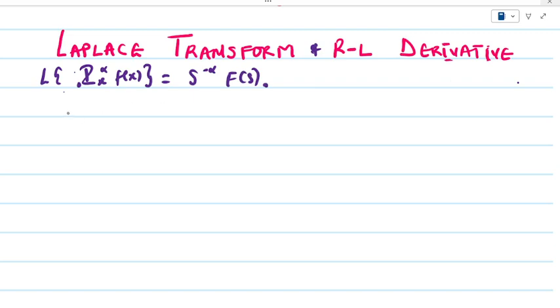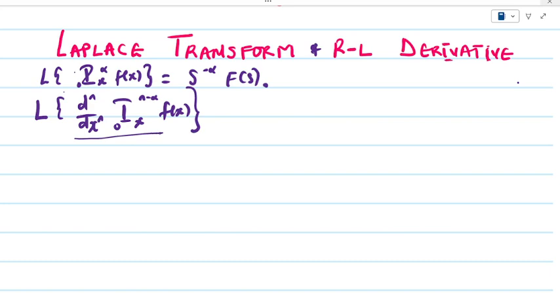But today we'll be looking for the Laplace transform of the Riemann-Liouville derivative, which is the derivative of our integral, where alpha tends to n minus alpha of f of x. So this is what we are going to do.